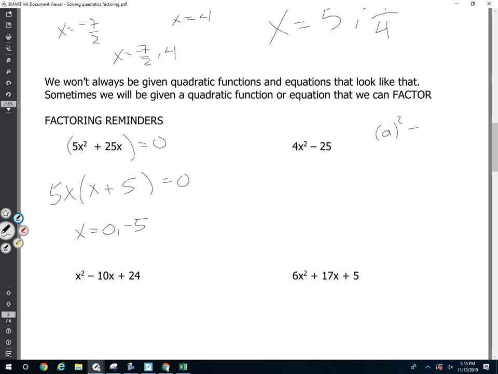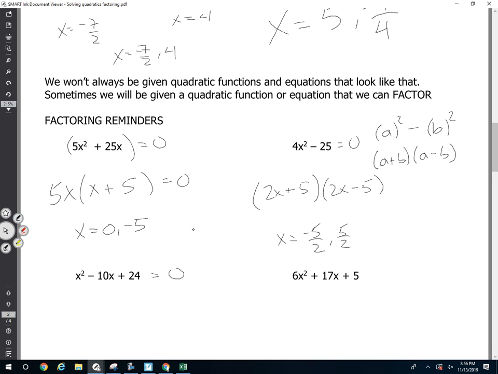If you have a squared minus b squared, you can write it as a plus b times a minus b. This turns into 2x plus 5 and 2x minus 5. You will have negative 5/2 and positive 5/2 as your answer if you set this equal to 0.